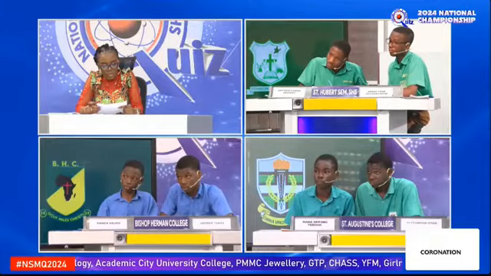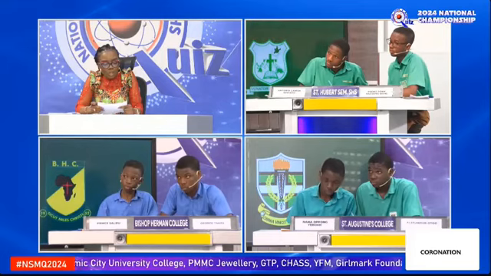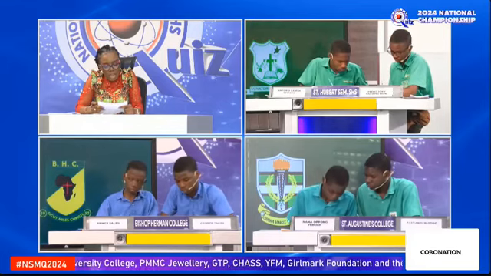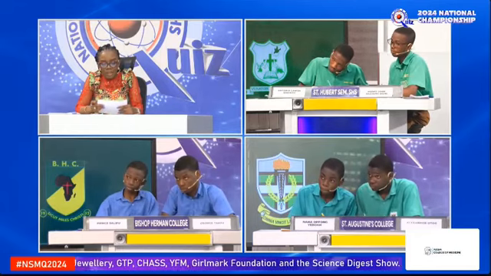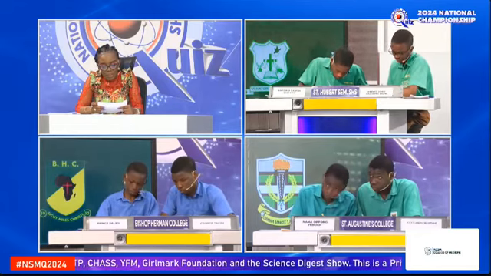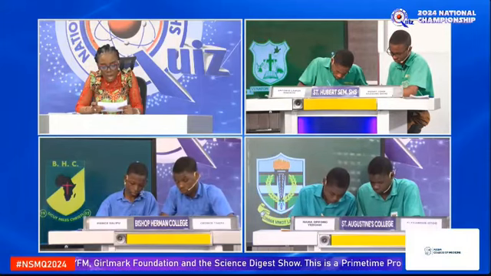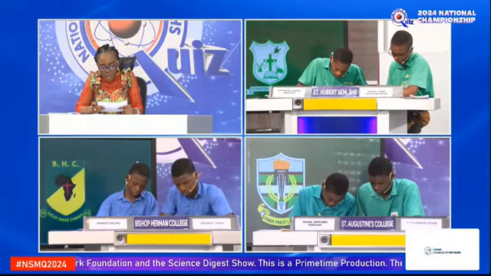Last set of questions for the round. 30 seconds each. Solve the simultaneous exponential equations. 3 raised to the power of the expression 2x plus y is equal to 81.